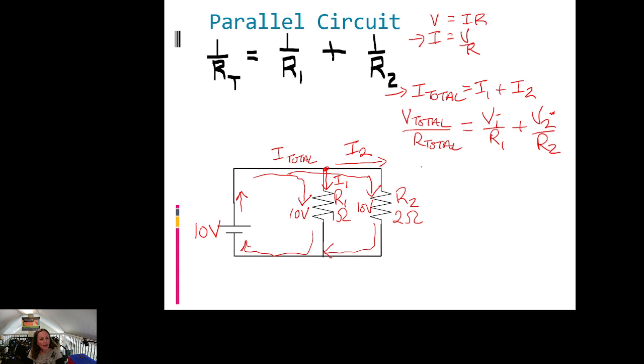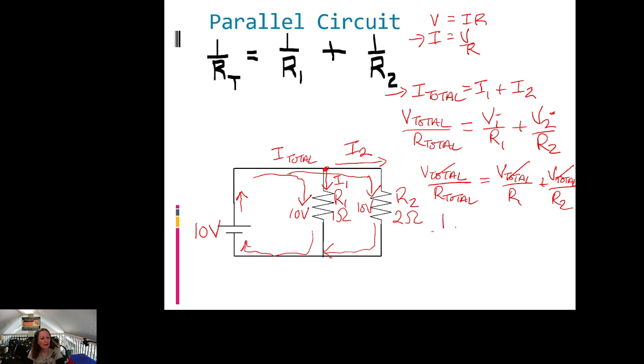So then we could say V total all over R total equals V total again all over R1 plus V total all over R2. Okay? And since this is the same amount on everything, we can just get rid of it. Okay, you'll learn about that later in math. Do not worry if you're like, what's going on, Trudy?